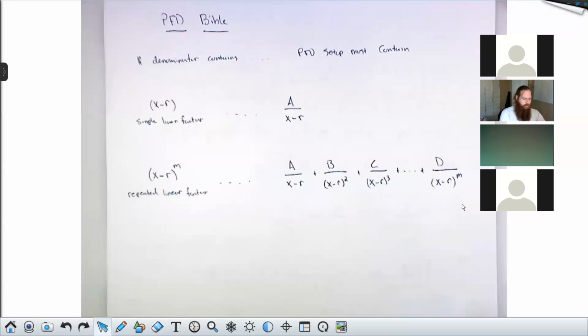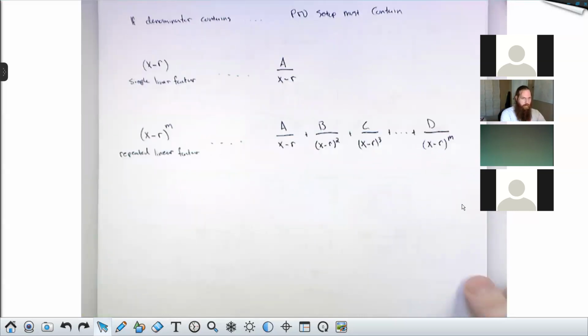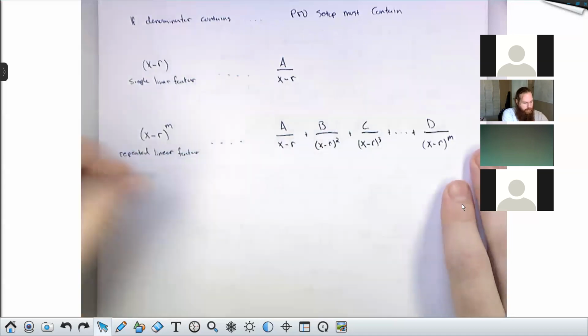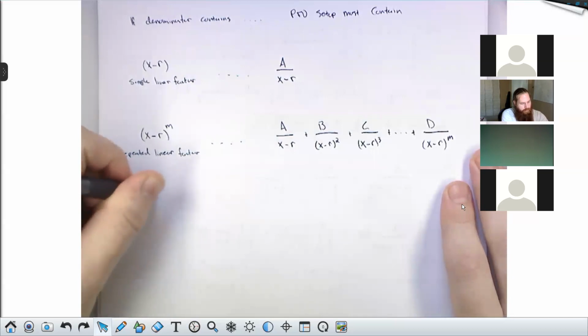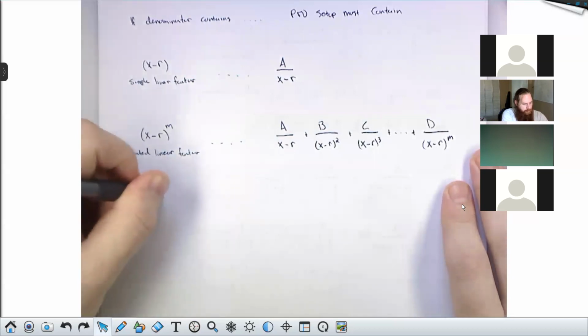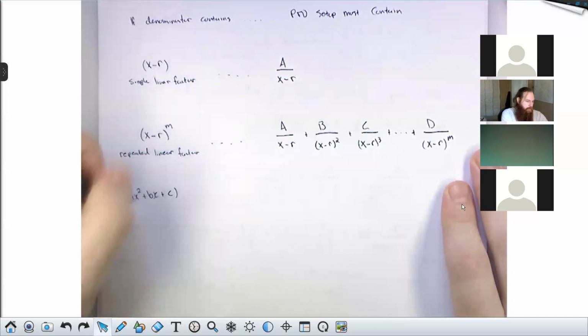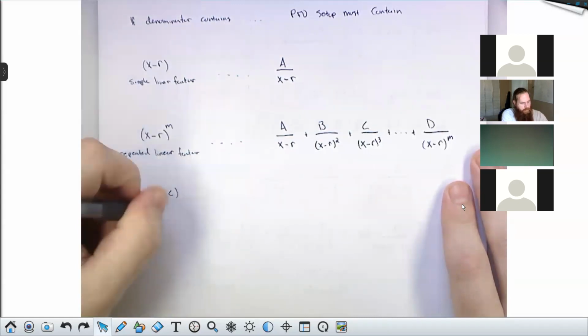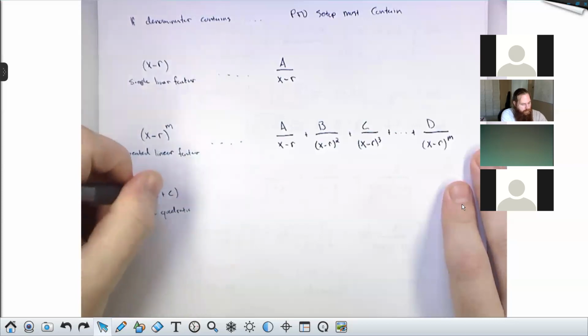Since we restrict ourselves to working with real numbers, it's possible that your denominator contains an irreducible quadratic factor. This is an x here.